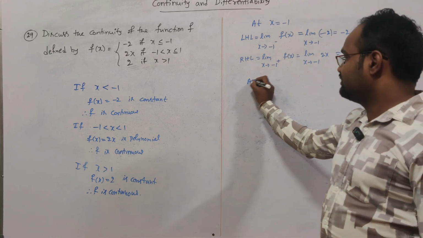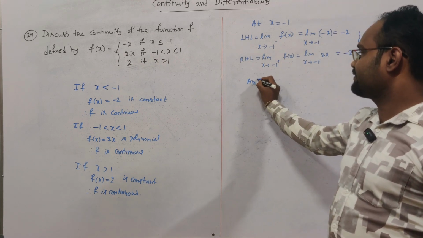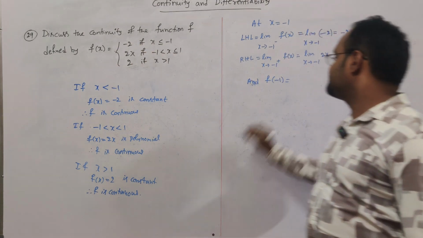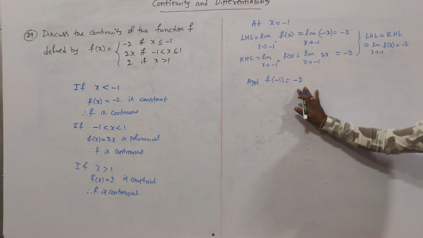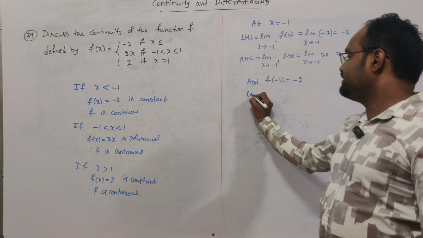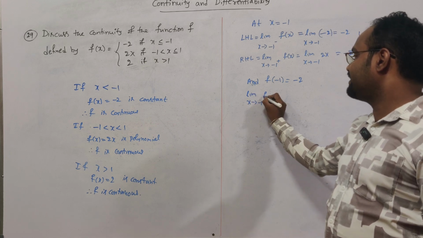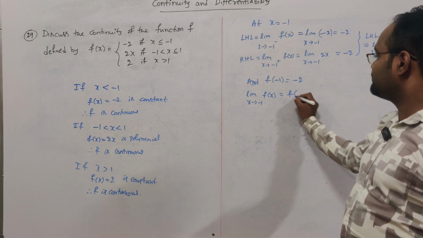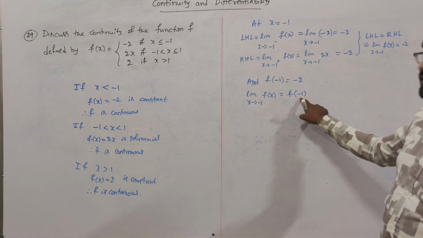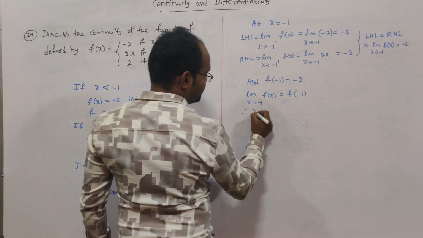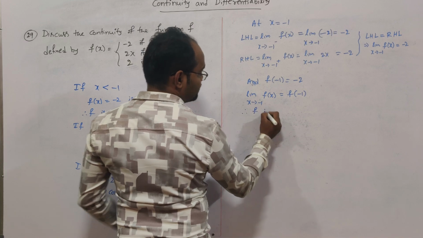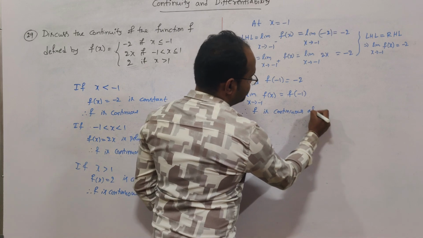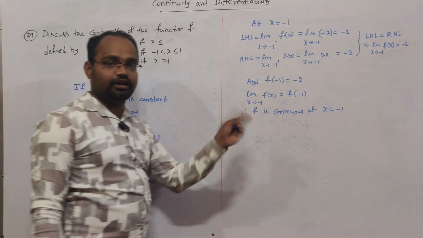And what is f of -1? When x is equal to -1, f of x is -2. Both same. So this implies limit as x tends to -1 f of x is equal to -2, that is equal to f of -1. Limiting value and functional value same, therefore f is continuous at x is equal to -1. At that point it is continuous.